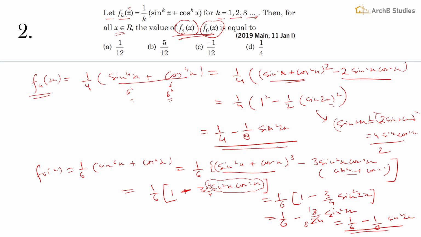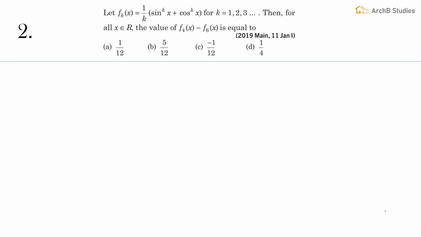Okay, so now we have two values, this one and this one. We need to subtract them. f_4(x) minus f_6(x) is (1/4 minus 1/8 sin square 2x) minus (1/6 minus 1/8 sin square 2x).